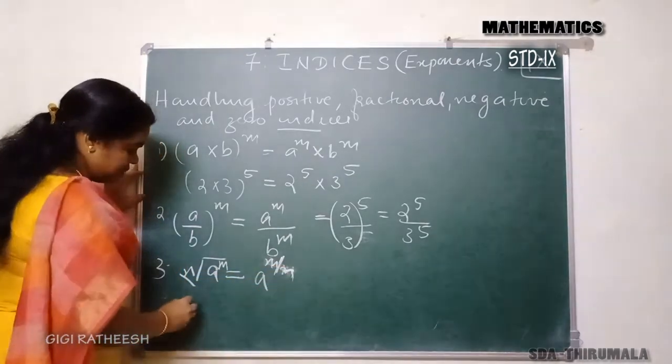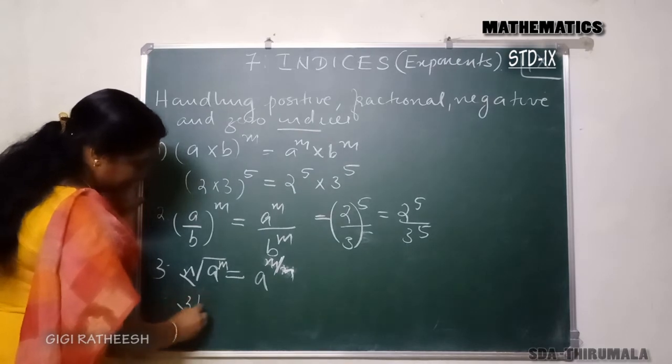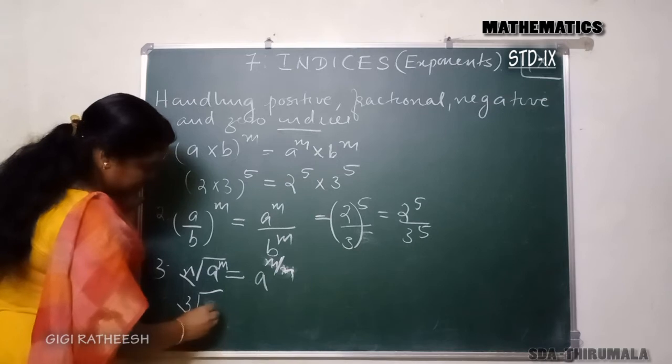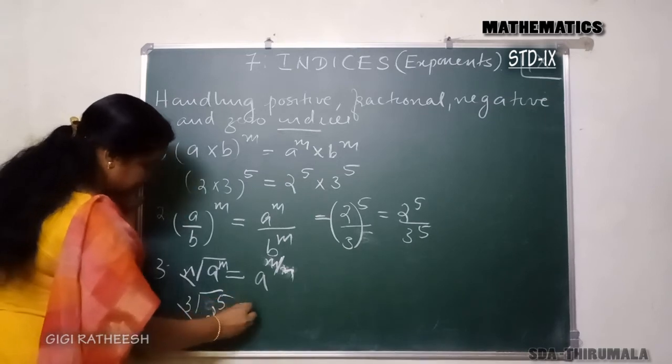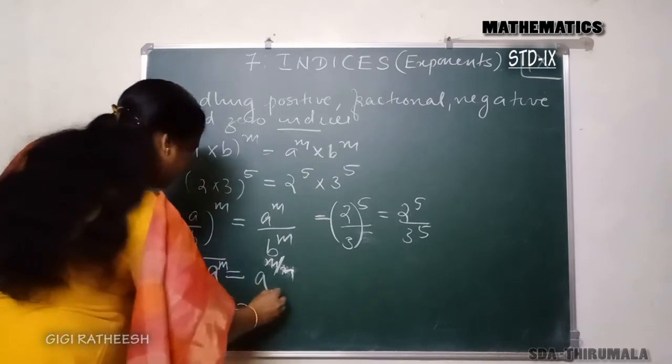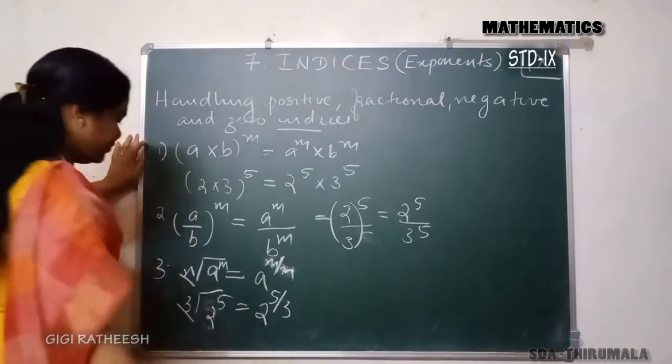For example, the cube root of 2 raised to 5 is equal to 2 raised to 5 by 3.